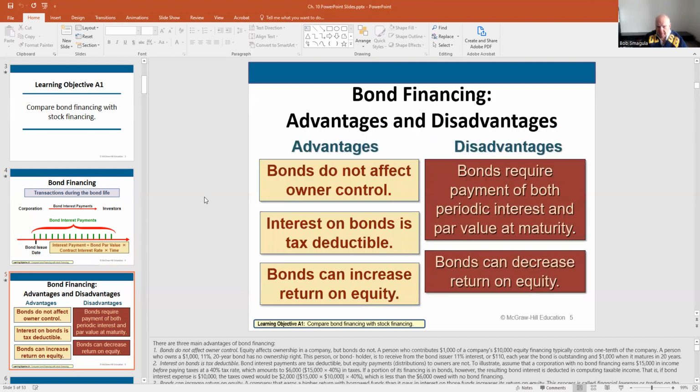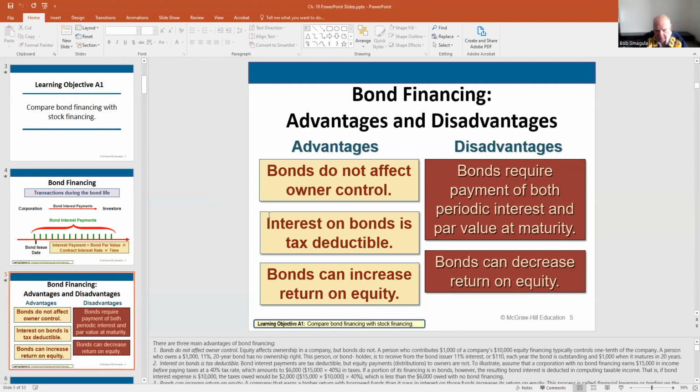Bond financing, advantages and disadvantages. Advantages: if you borrow the money, you're not affecting the ownership of the company at all, as opposed to a stock issue, where you issue stock to the public, who now owns some of your company, and you've lost a little bit of control in terms of voting strength.